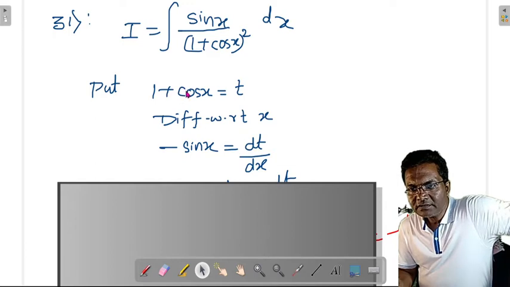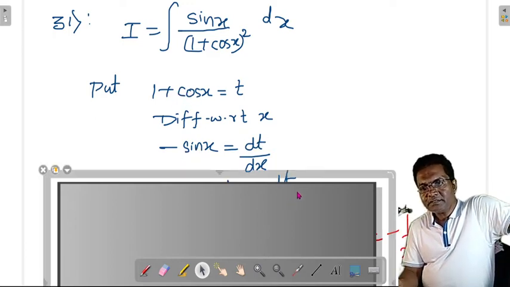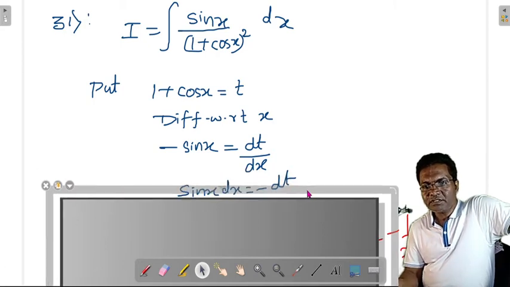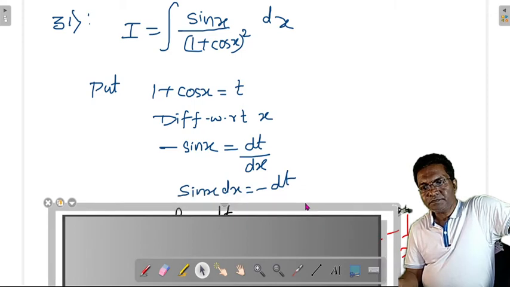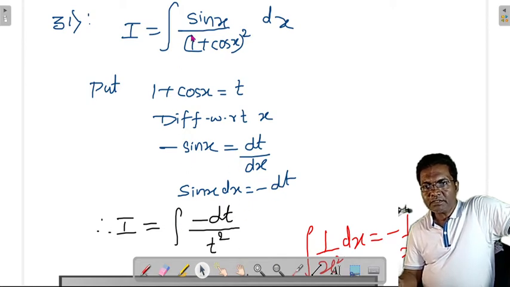So you will get, the derivative of cos x is minus sin x, dt by dx. So proceed. Okay, so see here sin x into dx equals minus dt.